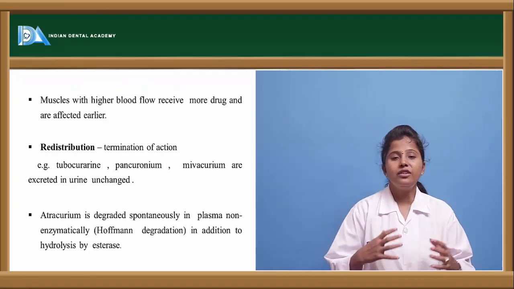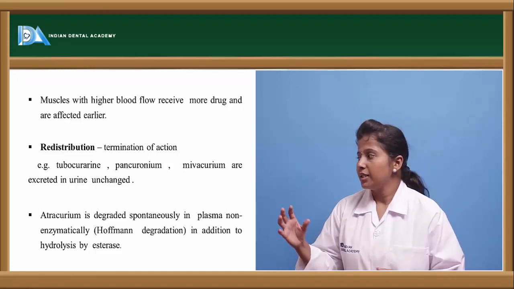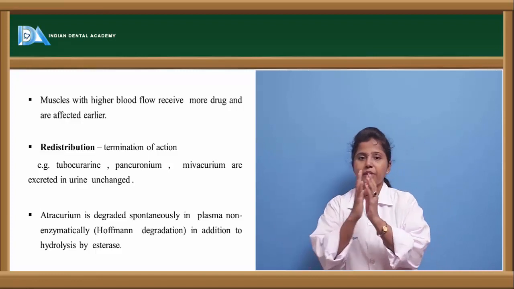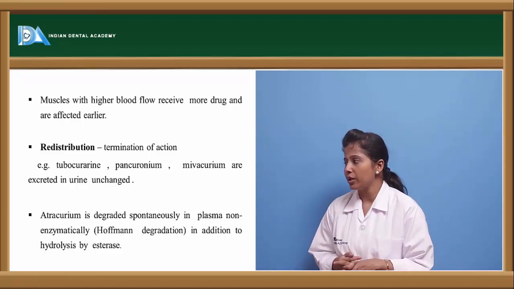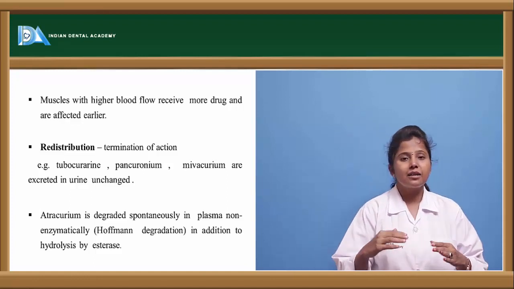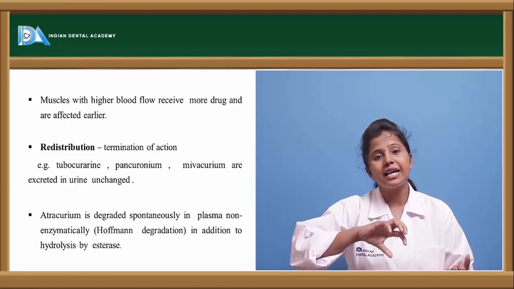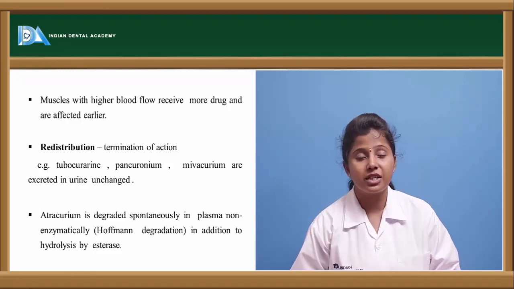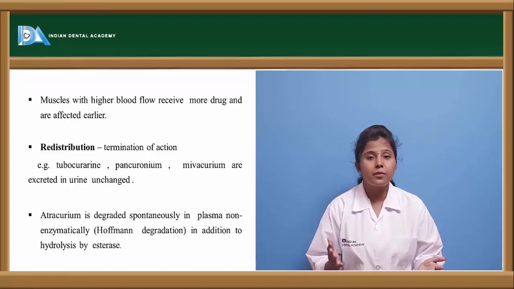Now, how is the redistribution of these drugs taking place? For example, tubocurarine, pancuronium, mivacurium: when administered, they are excreted in the urine unchanged itself. I mean, they are not forming any metabolites, they are not undergoing metabolism at all.